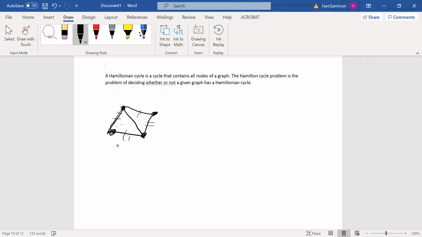I could go down this way, and then here, and then here... but I'm sorry, actually no, that one would not work. I have to go exactly once. So if I go down this path and then over here, then I would have to loop back up around here or over here, and that's not allowed.